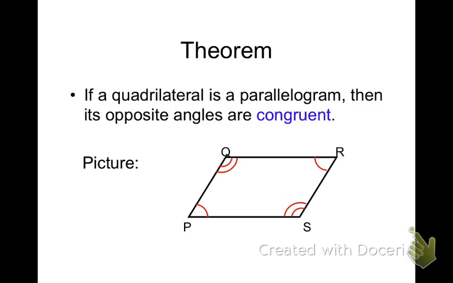What's true about the measure of angle R plus the measure of angle S? They add up and equal what? 180. Why? If lines are parallel, then what?